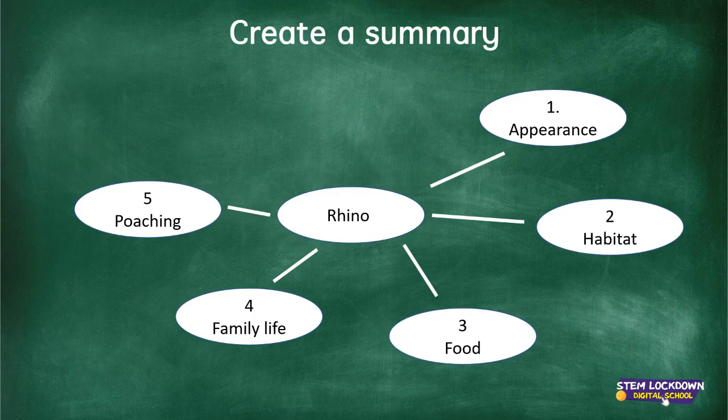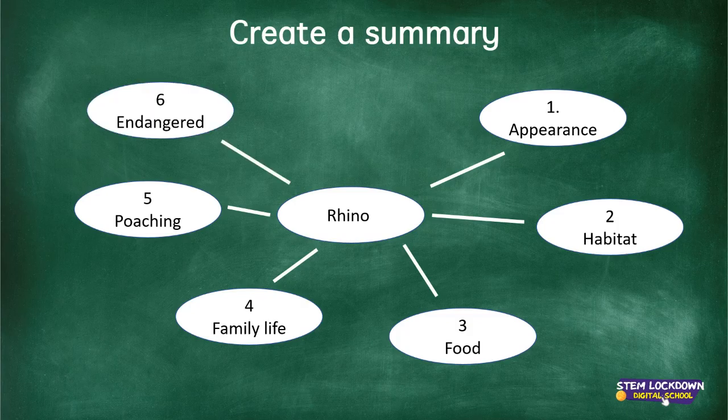Is that the reason why it's endangered? Who are these poachers? Why do they poach? How do they do it without being seen? Are things improving or are they getting worse? Number 6, endangered. Have you got any keywords about being endangered?